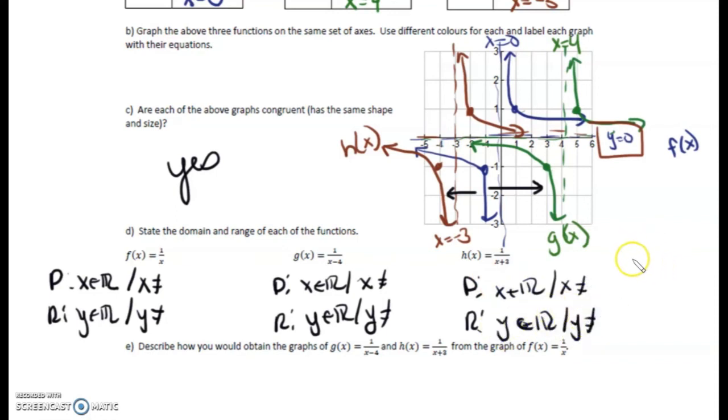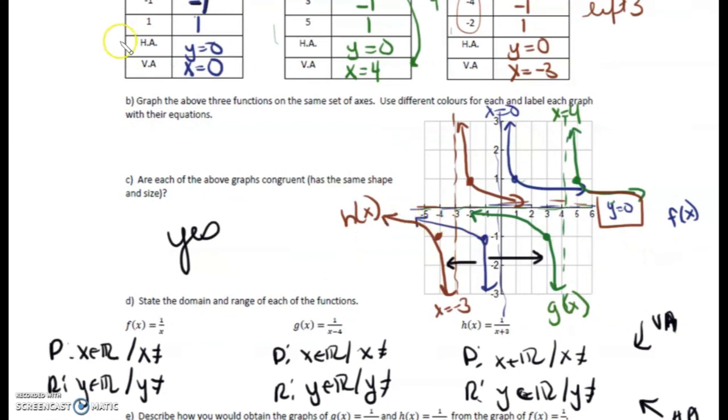Okay, and what we put for the x is the vertical asymptote, and what we put for y is the horizontal asymptote. So we can either look at the graph or we can look at these.